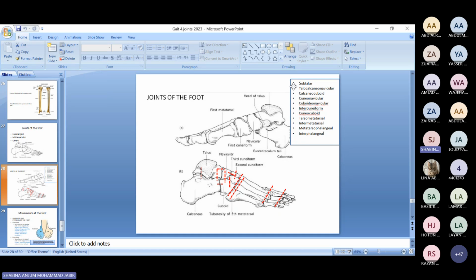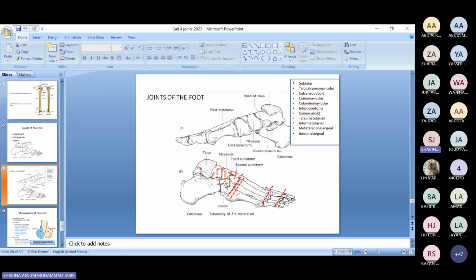Not the ankle joint. If they ask what movements you can do at the ankle, only dorsiflexion and plantar flexion. What about inversion and eversion? No, you can do those at the smaller joints like the subtalar and the transverse tarsal, meaning talocalcaneonavicular and calcaneocuboid.